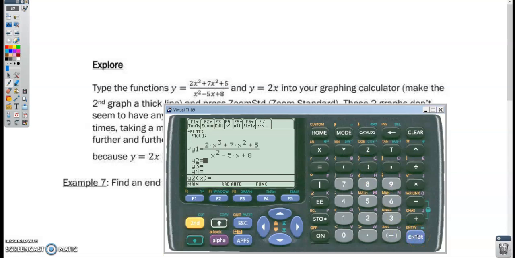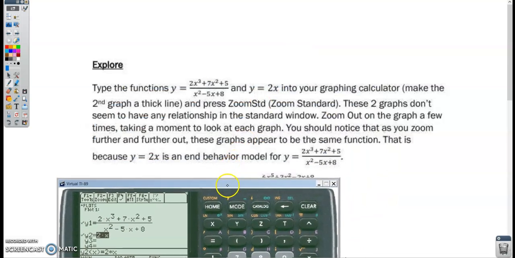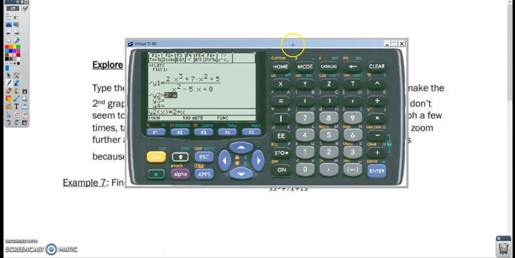And I'm also going to type in y equals 2x. And I'm going to go ahead and make my y equals 2x a thick line so that I can tell the difference between the two when I graph them. Okay, if you don't know how to do that on your own, it's something you want to learn. My window is already the standard window. I'm going to go ahead and graph these things.